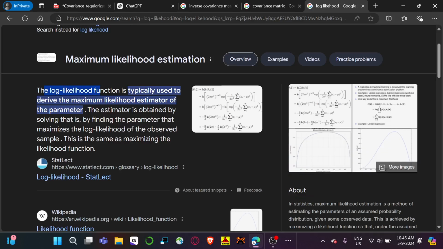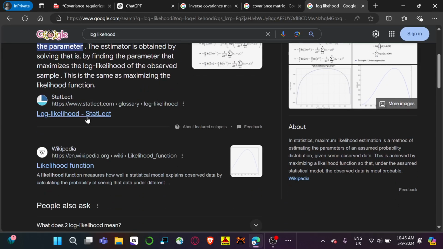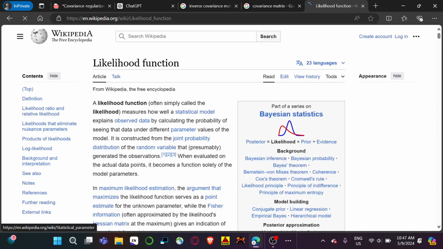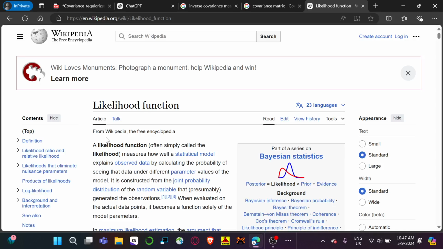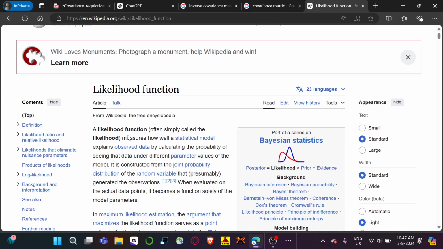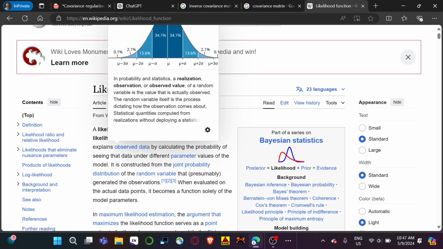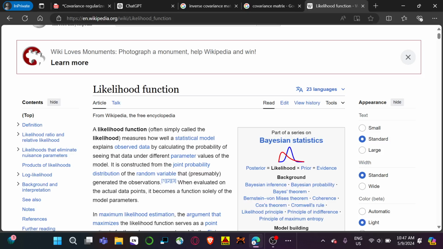The log likelihood function is typically used to derive the maximum likelihood estimator of the parameter. That makes sense. If we look at Wikipedia, a likelihood function measures how well a model explains the observed data by calculating the probability of seeing that data under different parameter values of the model.